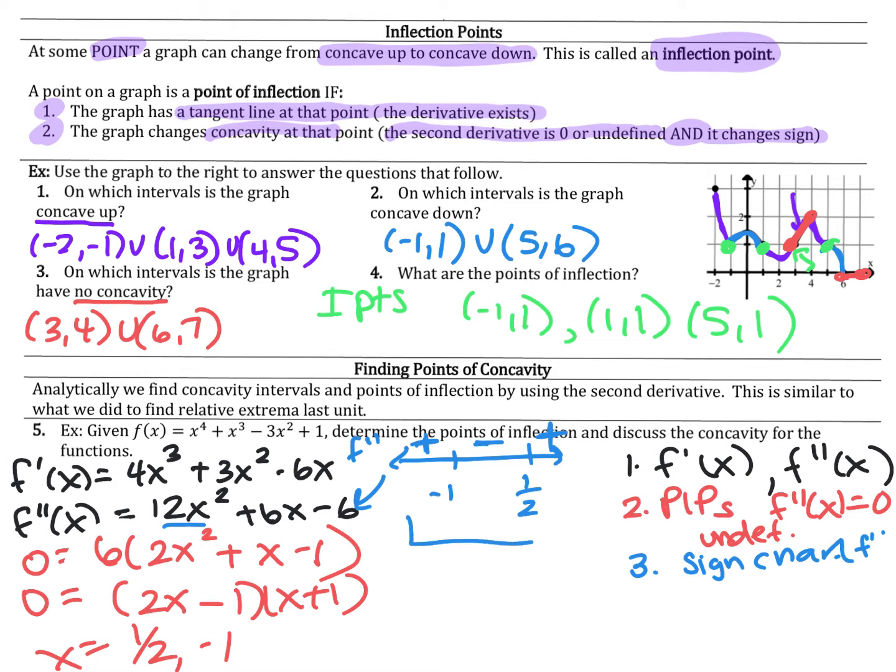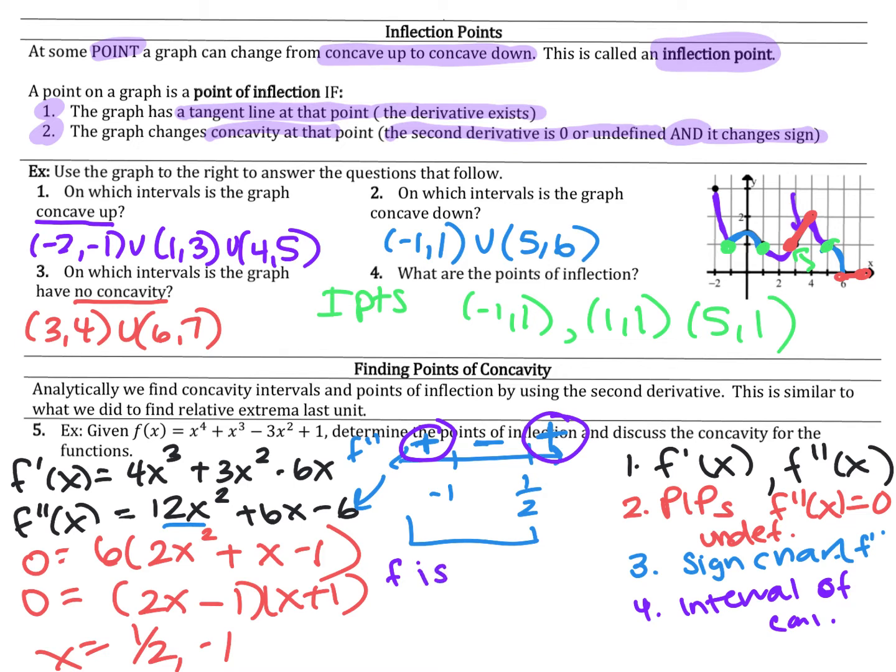So now we can use this sign chart to write our intervals of concavity. Anywhere that the second derivative is positive, that means that our function is concave upward.